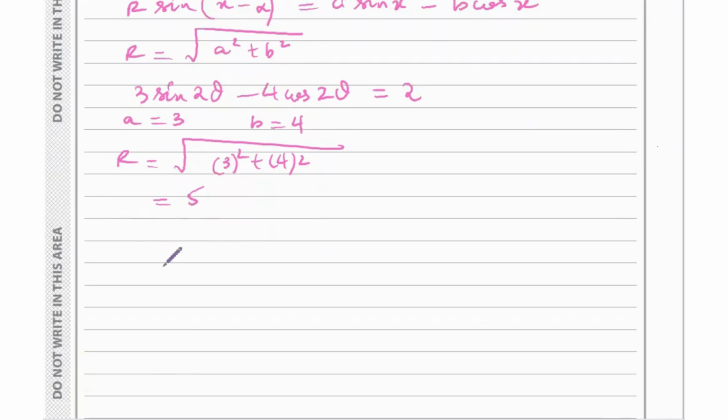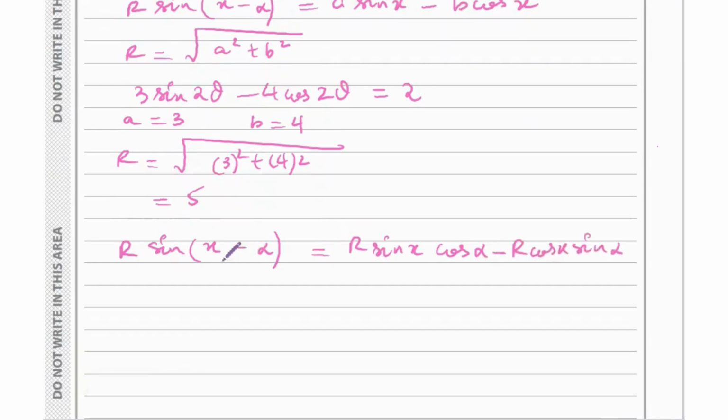For the value of alpha, what we do is we expand the left-hand side. So r sine of x minus alpha. That is basically r sine x times cos alpha minus r cos x times sine alpha.